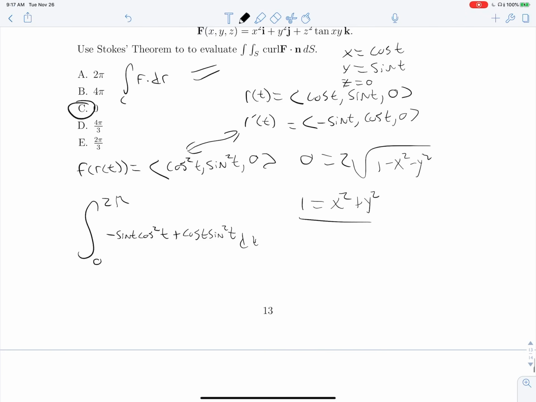And it's pretty quick to see that each one of these integrals, if we split this up down the middle into two integrals, if we do u substitution, in this case setting u to cosine t, in this case setting u to sine t, we'll be able to get rid of the other term. But our bounds on our integral are going to be, in the case of cosine t, 1 to 1, and in the case of sine t, 0 to 0. And so we're integrating over no area, really. And so our answer is 0 for both of these.